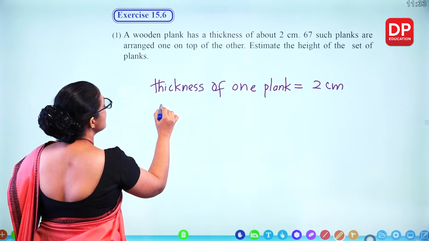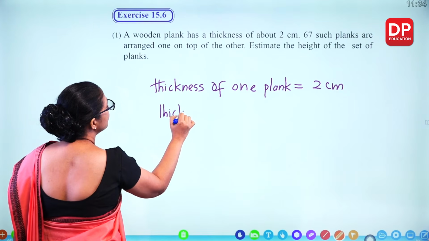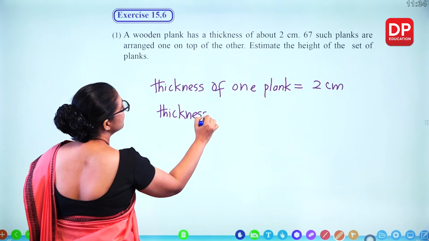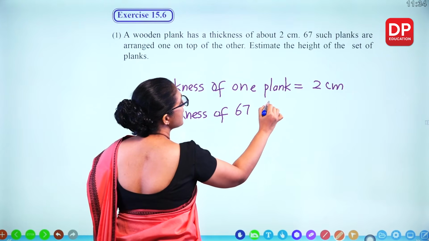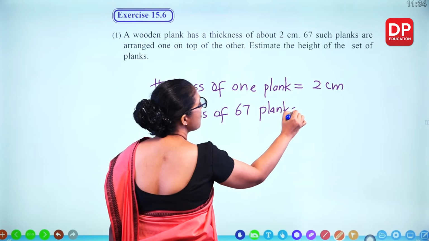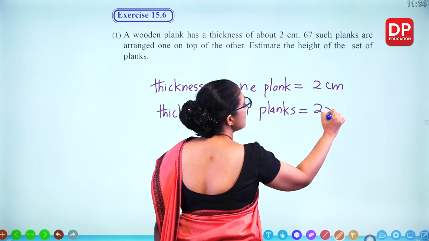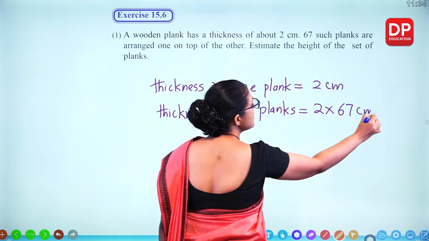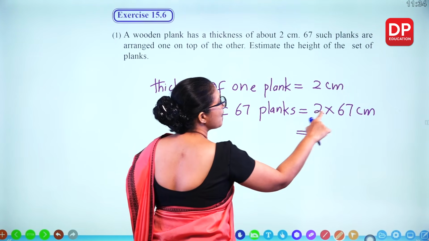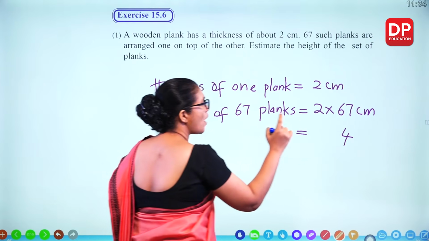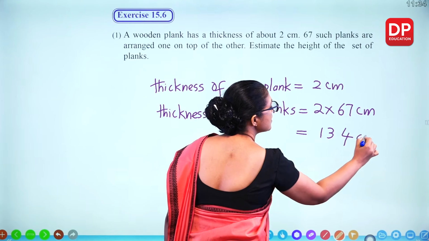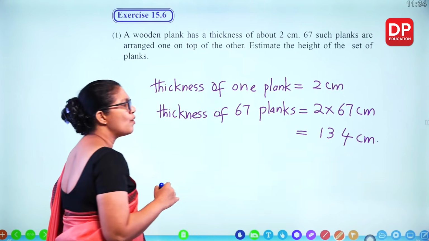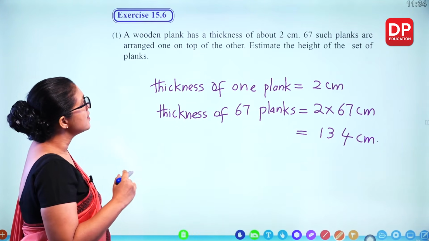So what about thickness of 67 planks? You just multiply by 67, that's in centimeters. 2 times 7, 14. 1 remaining. 2 times 6, 12 plus 1, 13. So 134 centimeters is the height.